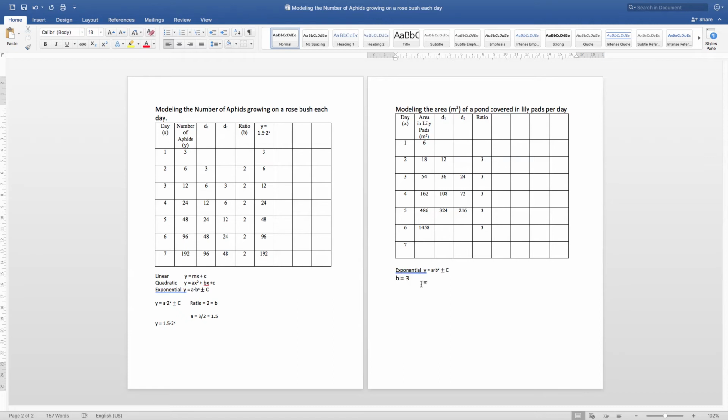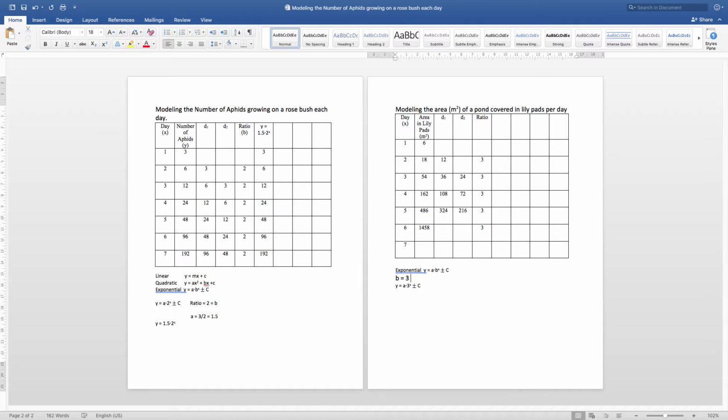So I'm going to substitute that in here, and then try to find out the rest of the equation. So I'm going to take this equation and paste it here, and I'm going to change this to 3 because I know the common ratio.